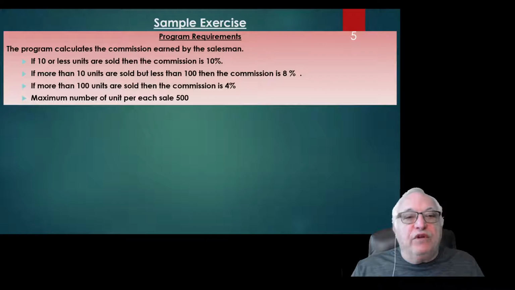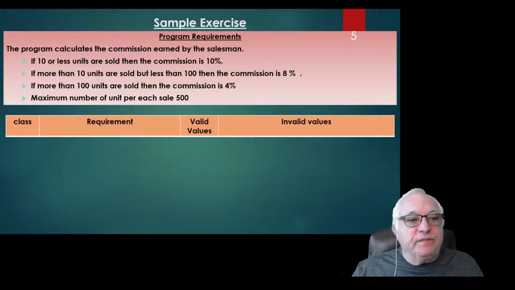So let's look for equivalence classes for this program. What I'm showing here is a table where we're going to put the class number, the requirements associated with that class. Then we'll put in valid values and also invalid values. Invalid values are very important. They are as important as the valid values.